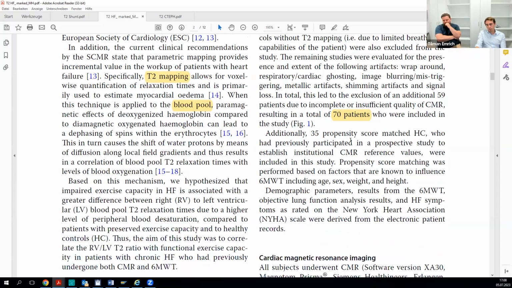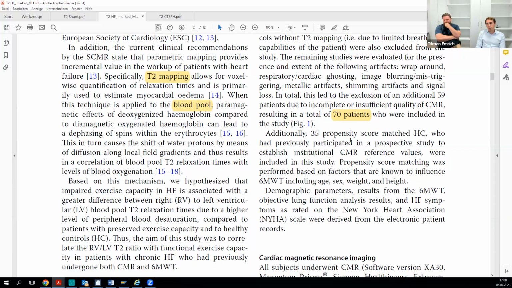So the hypothesis really was that, as we've seen with the shunt patients, where that ratio moves towards equilibrium between left and right ventricle, in heart failure patients that ratio drops. So the oxygen blood saturation in the right ventricle will be lower than in healthy patients.